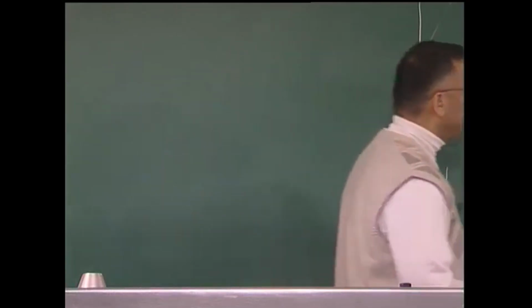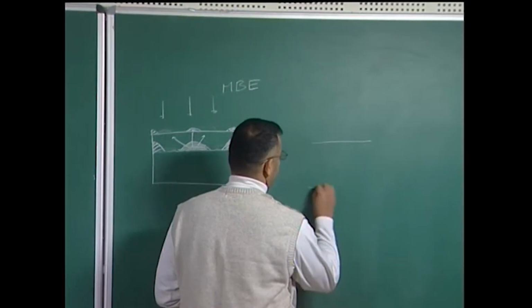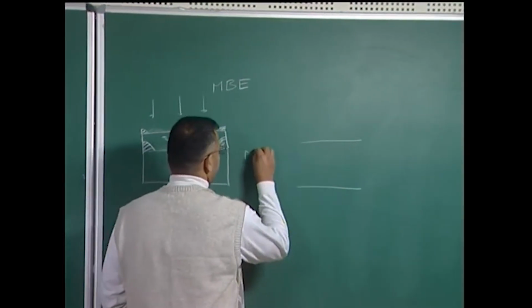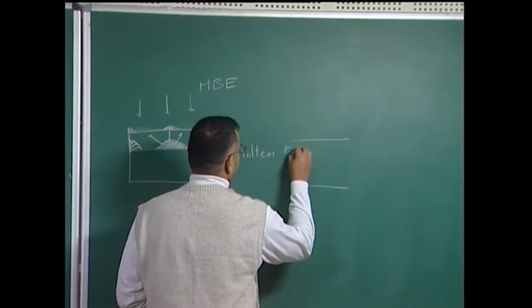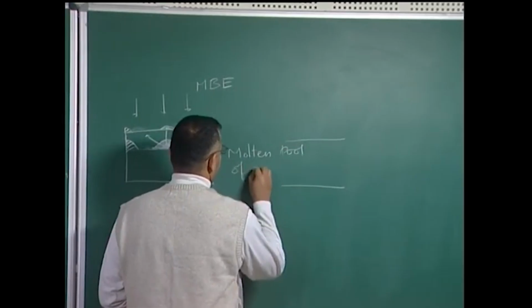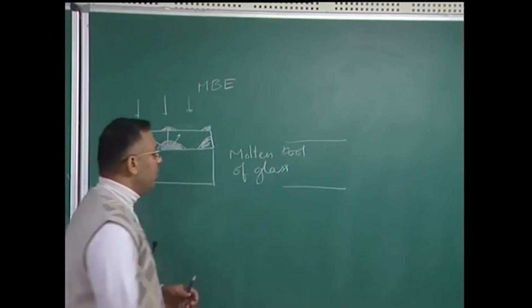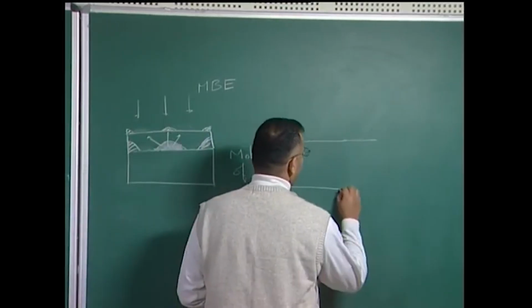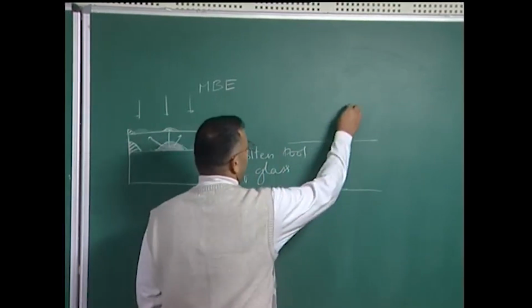So, let me consider a molten pool of glass here. I can allow this molten pool of glass to solidify uniformly, but instead of doing that, what I do is that I blow cold air from the outside.